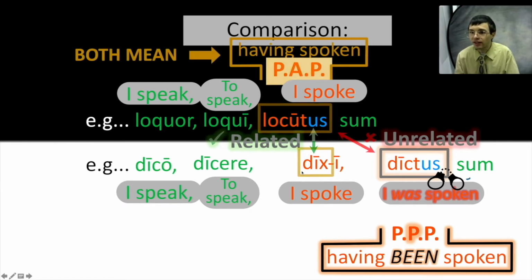Why? Because both of those mean having spoken. And then if you add on sum or the personal ending e, then they both mean I spoke. So don't think of the 2 past participles as related. Rather, think of the perfect active participle and the perfect stem as related. All right.